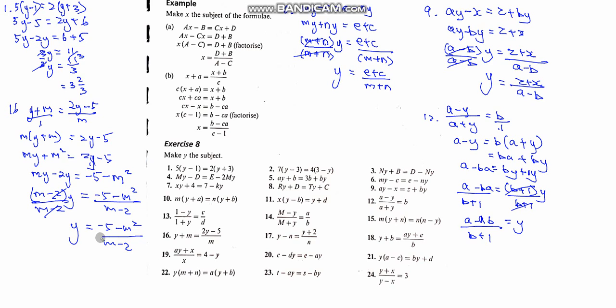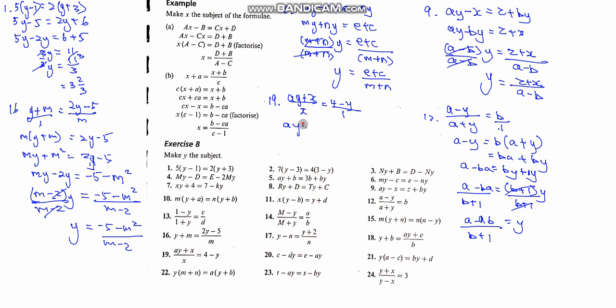Now this would be the same. Now what about this 19? Let me do 19 over here. 19 is slightly different. (ay plus x) over x equal to 4 minus y. This actually is over 1. Now let's cross multiply.